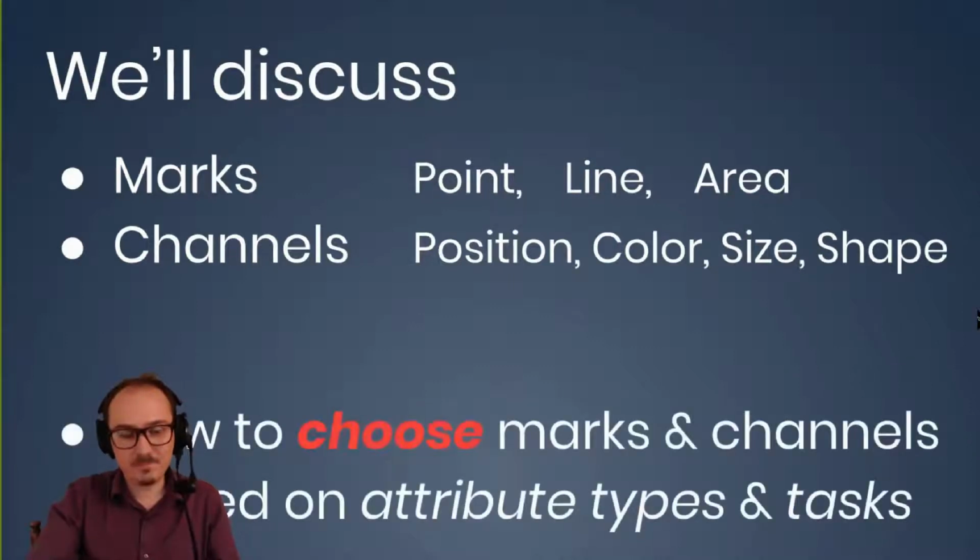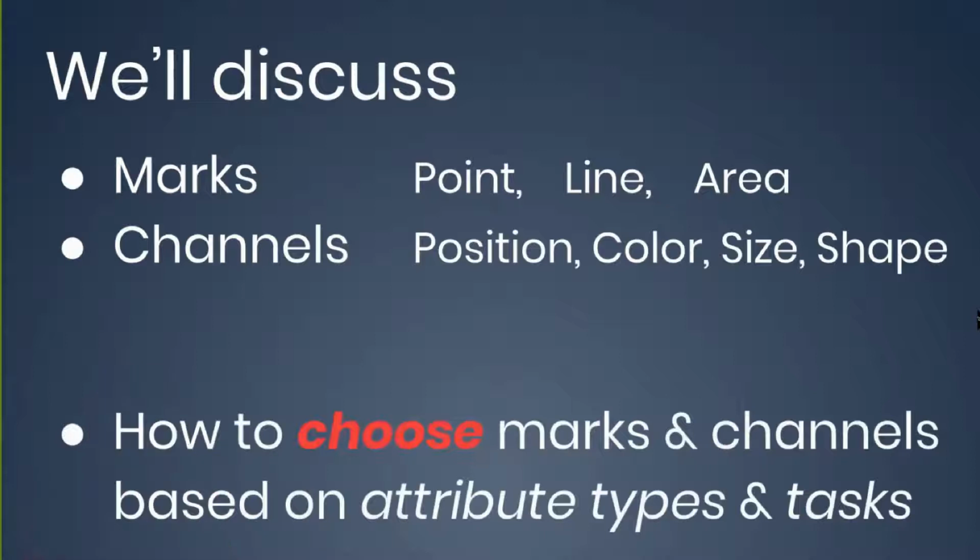And so the idea is how to choose marks and channels based on your attribute types in your data set and the tasks, or your goals, or your direction. So marks include points, lines, and areas. And surprisingly, a lot of visualizations can be boiled down to these marks.